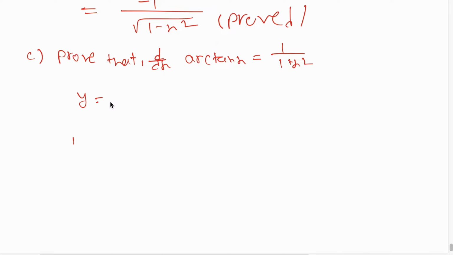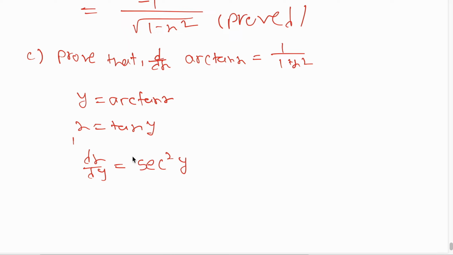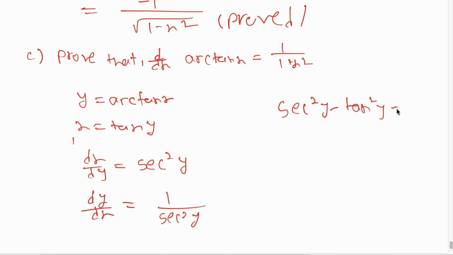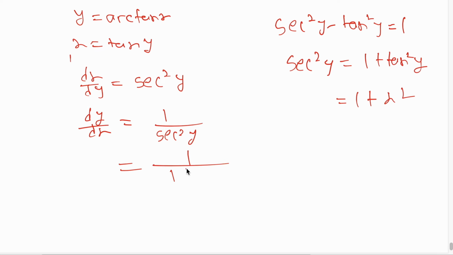Okay, y equal to arc tan x, that means x equals tan y, so dx by dy is equal to sec square y, so dy by dx will be equal to 1 by sec square y. Now use the identity sec square y minus tan square y is equal to 1. So solving for sec square y, we get 1 plus tan square y, that means, sorry, tan square y not theta, so tan y is x, means x square, that means we get 1 by 1 plus x square.